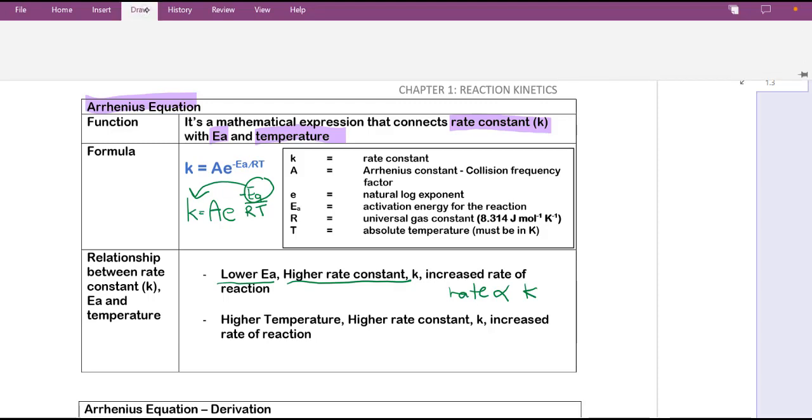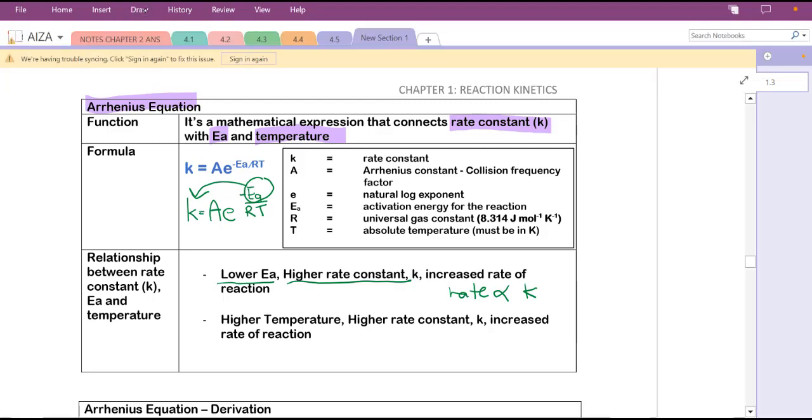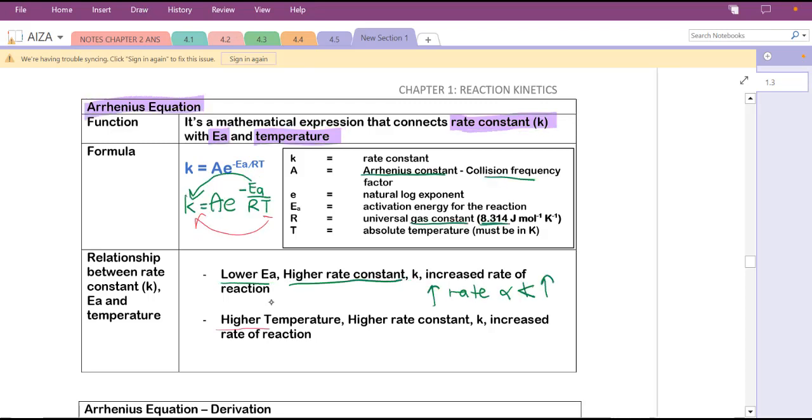Another relationship is temperature with rate constant. Higher temperature, higher rate constant. So activation energy low, higher rate constant; higher temperature, higher rate constant.